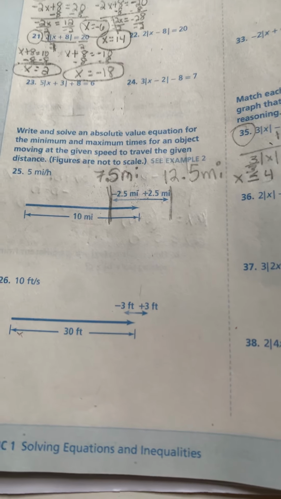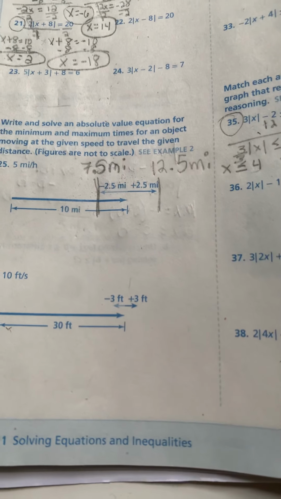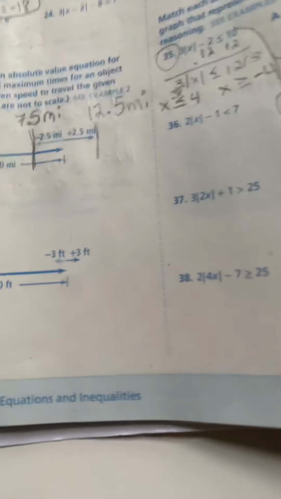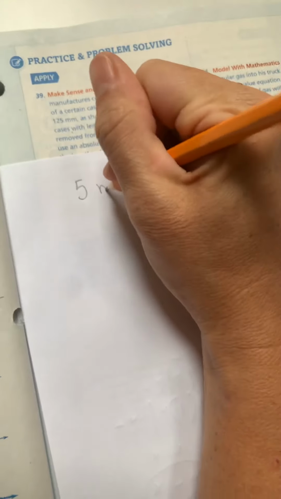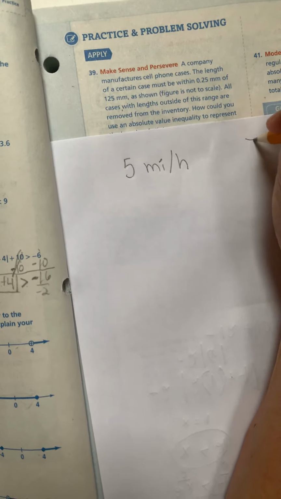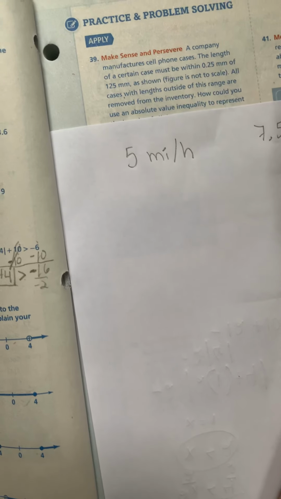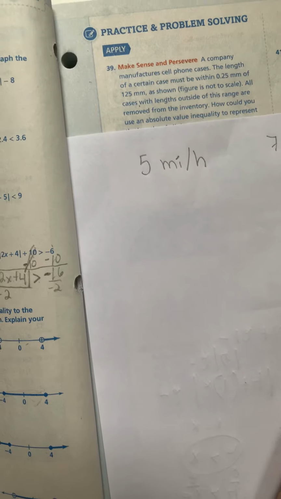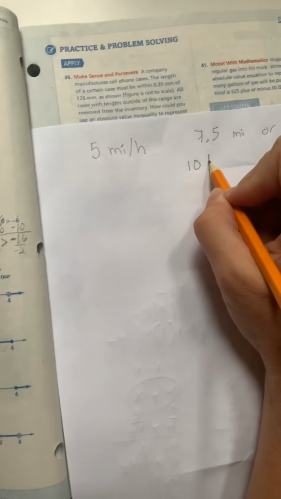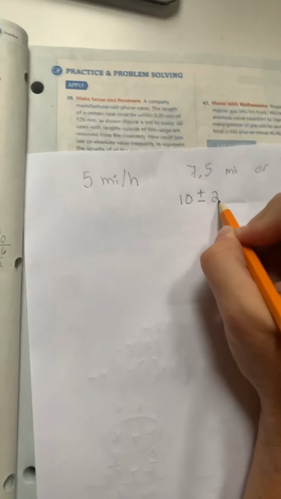I wish I had room to fit it here, but I think I got to do it on this other paper. So we're going 5 miles per hour. And it's either 7.5 miles or 12.5 miles. Because we're doing 10 plus or minus 2.5.